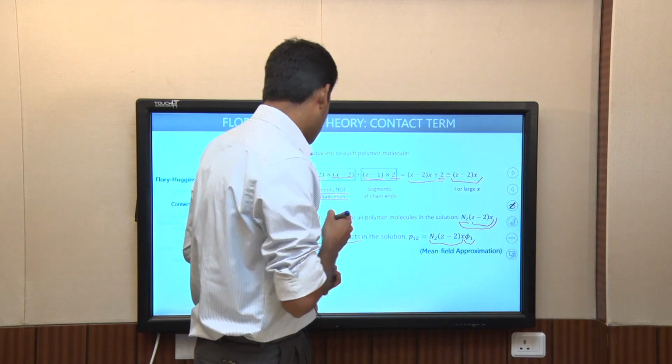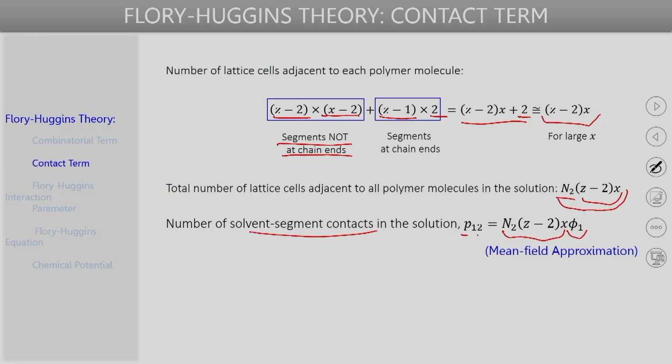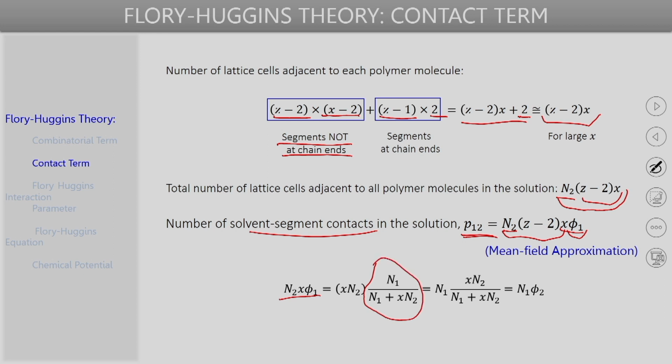So, that leads to an expression for this quantity P12, and if we then just try to simplify this expression further, we have this N2 times x times phi 1, these 3 terms appearing in the expression for P12. So, phi 1 we can write in this manner, and then we can take the N1 out, and the x N2 we can take here.